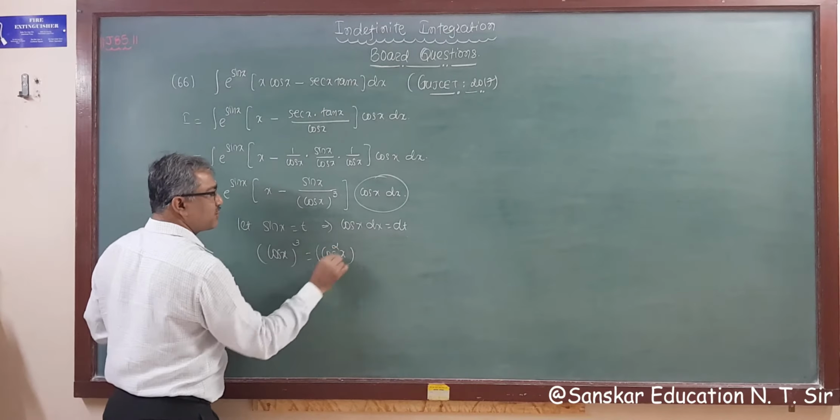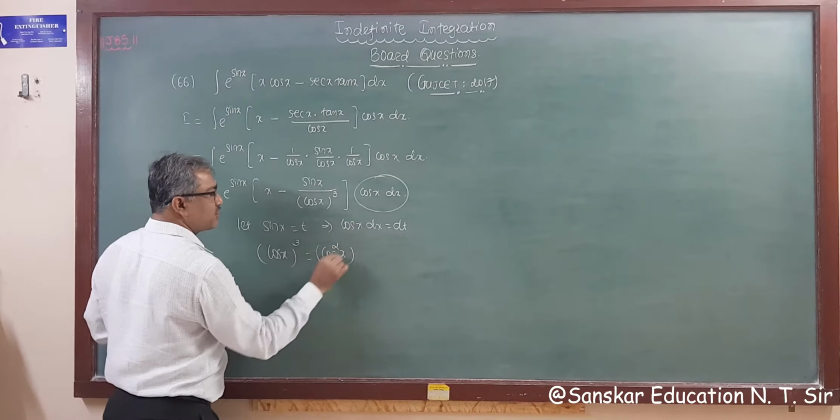So applying this, see this is a Gujarat question, right? So e raised to sin x, now this is x as it is, minus sin x, we have to substitute the value, right? Now because we simplified here, no need to write again. So I will be integration, sin x is t, so this is e raised to t, right?